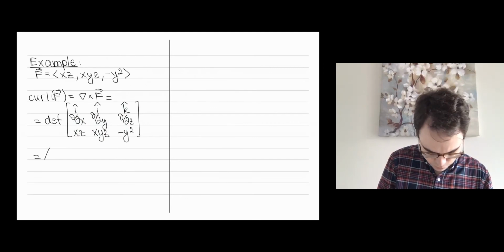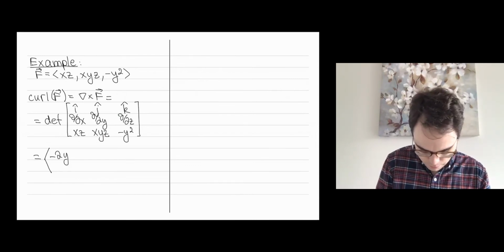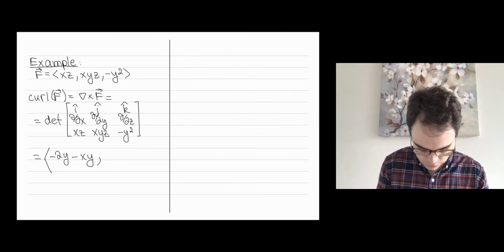So the first component is i times this minus that. The y partial of minus y squared is minus 2y. And then minus d dz of xyz, that's xy.